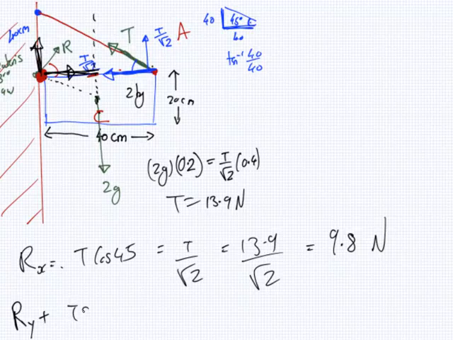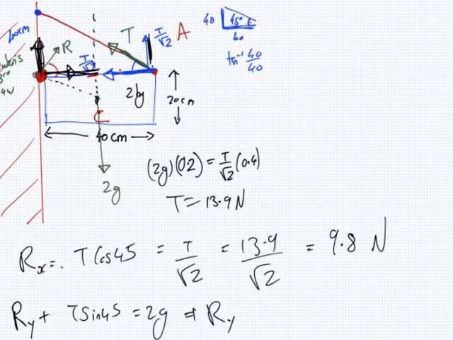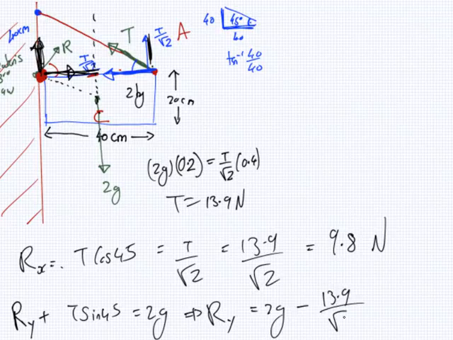T sine 45 plus R Y, they're acting up, should equal 2G. So R Y equals 2G minus T sine 45. What's that, please?